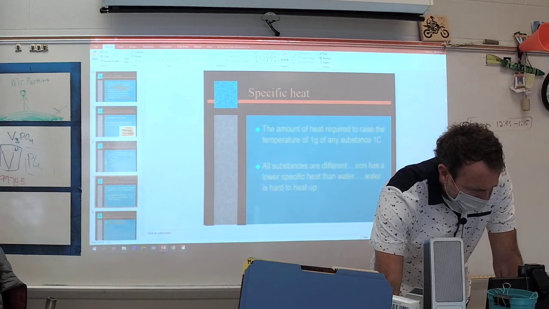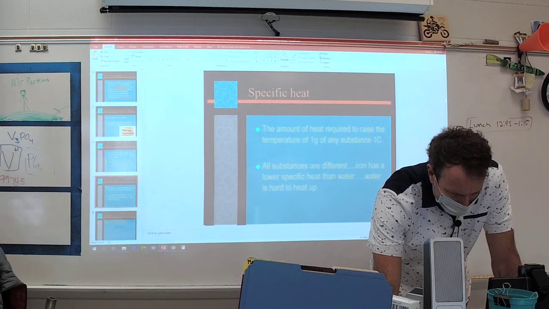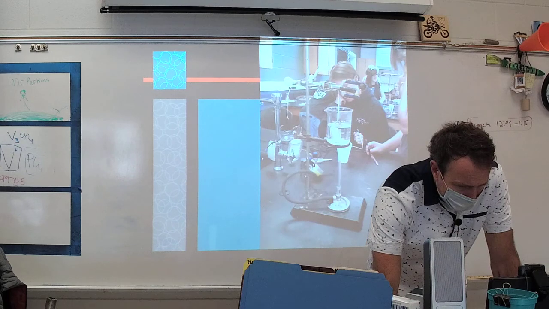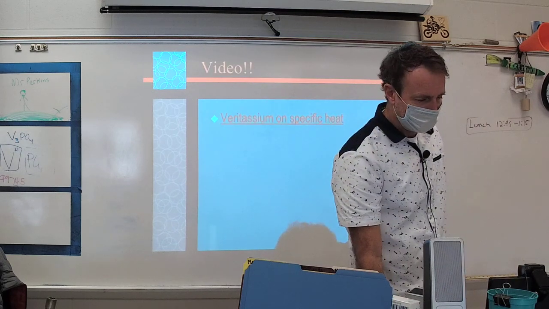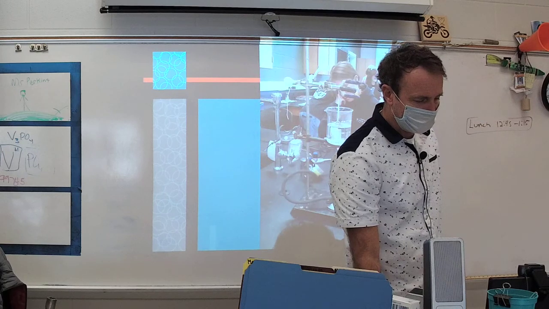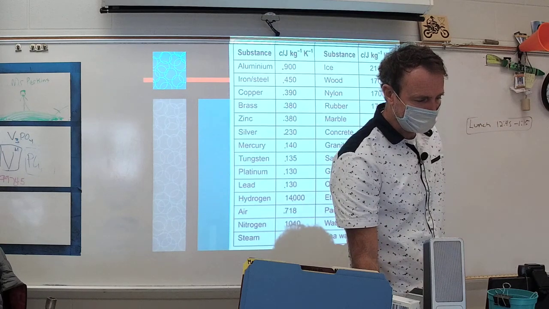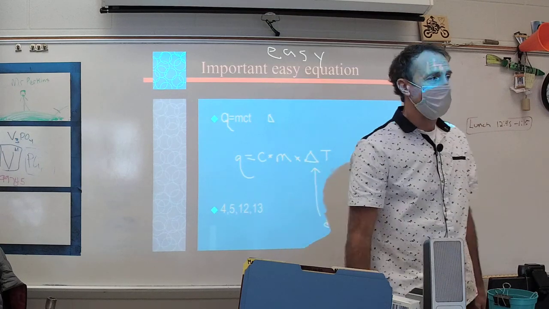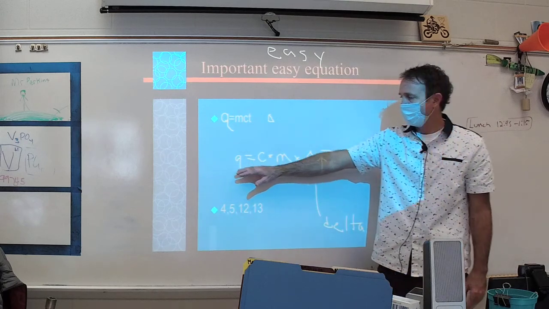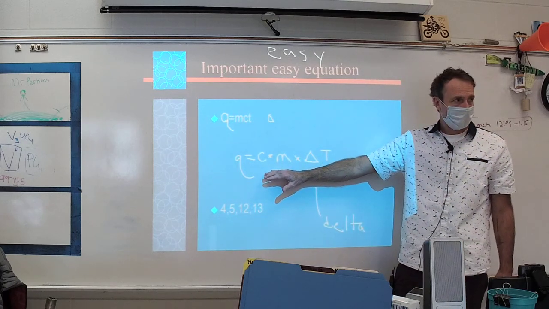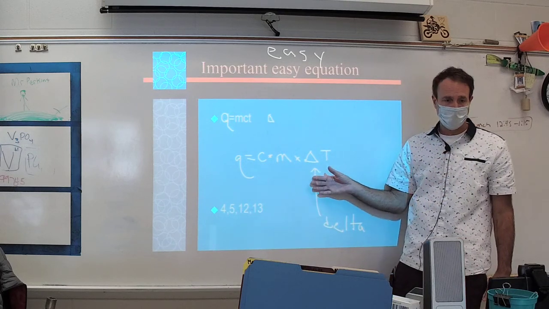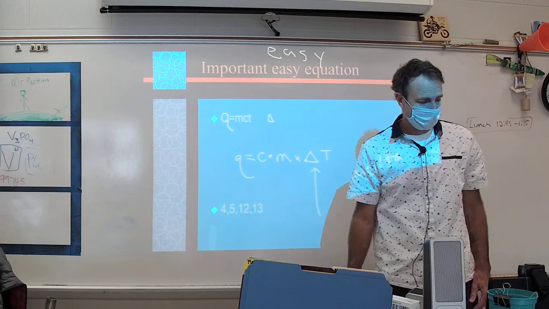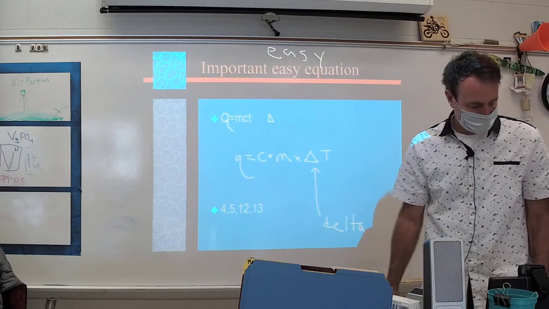There's a formula, and the formula is super, super simple, okay? Now, you saw a video yesterday on specific heat with Veritasium. If you haven't seen it, I'll release it. And here is our formula that I want everybody to write down. It is Q is equal to CMT.